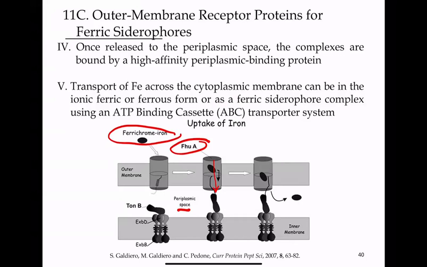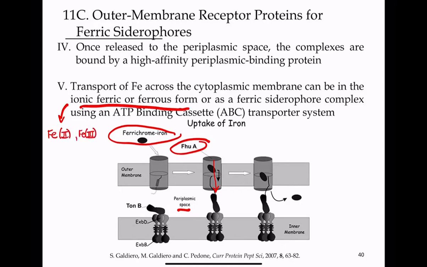So the transport of the iron across the cytoplasmic membrane can be in the ionic ferric or ferrous form. Okay, so what do I actually mean by this? What I mean is that at this point, your iron can be liberated from the siderophore and potentially be transported. So it can be transported as either the iron 2 form or the iron 3 form.